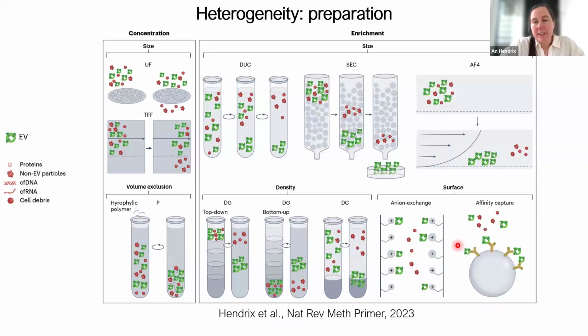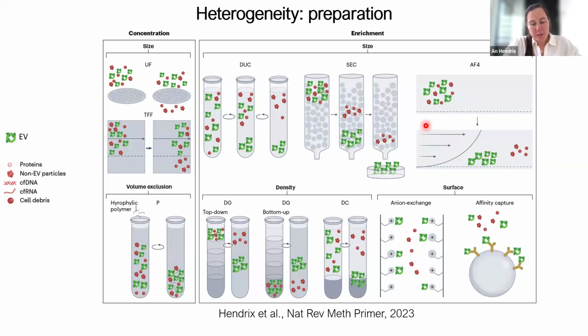Once we decide to analyze extracellular vesicles in a biofluid, most of the time we select preparation methods, so methods that we use to isolate the vesicles from their source. These methods typically exploit different biophysical or biochemical characteristics of extracellular vesicles.